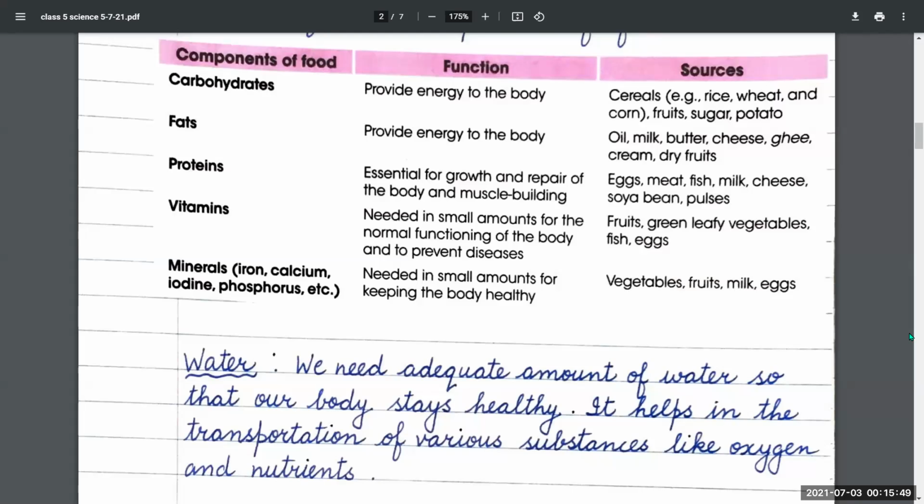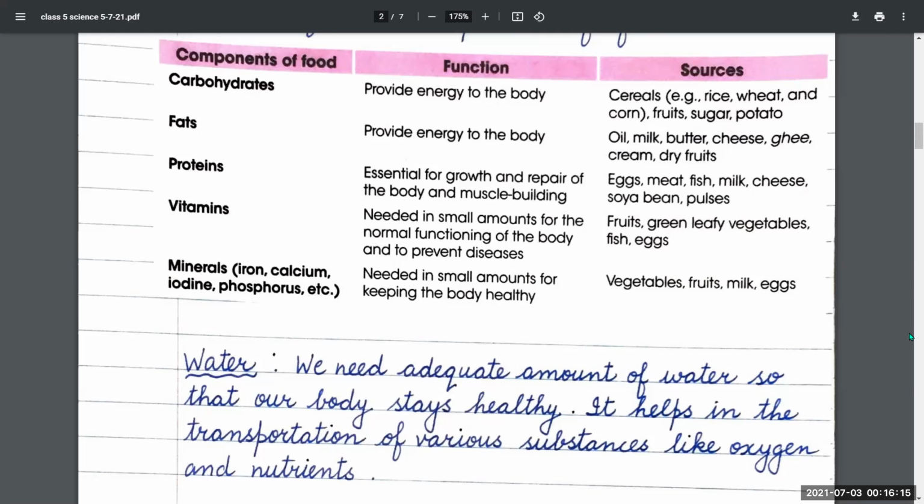Carbohydrates. They provide energy to the body, and their various sources are cereals, which include rice, wheat, and corn. Fruits, sugar, and potato are also rich sources of carbohydrates.